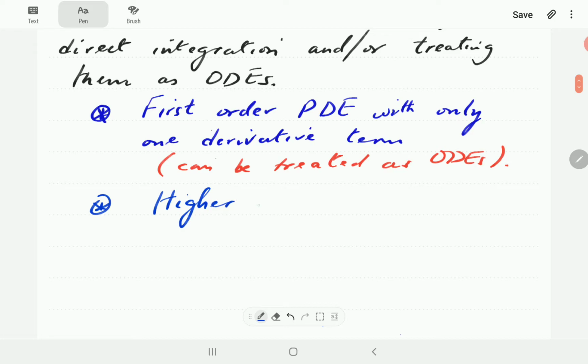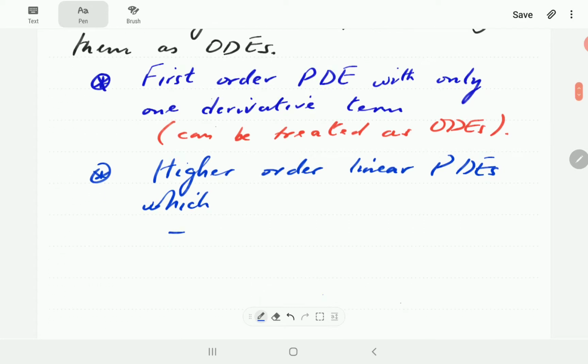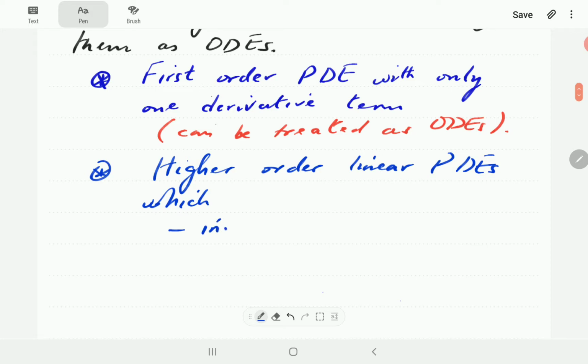Then next we have got higher order PDEs, but these ones we need them to be linear. So higher order linear PDEs. There are two classes here. First of all, it's PDEs that involve derivatives with respect to only one variable.